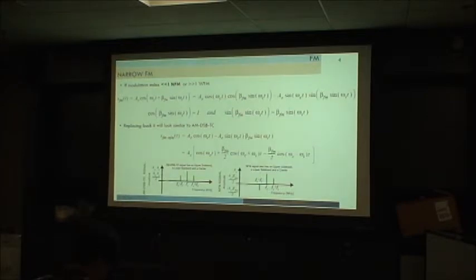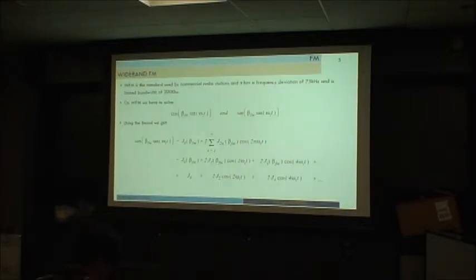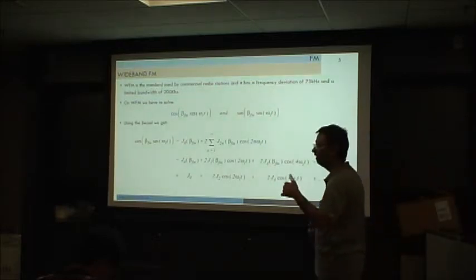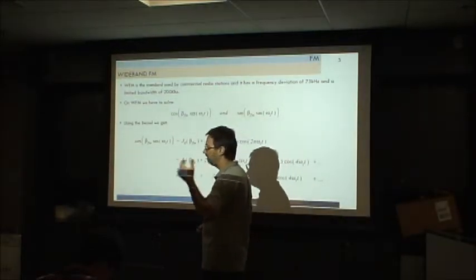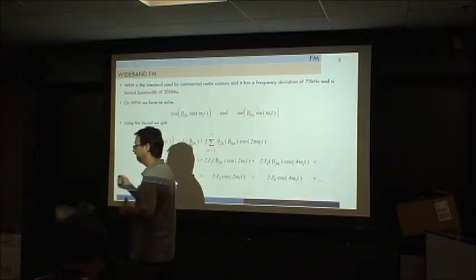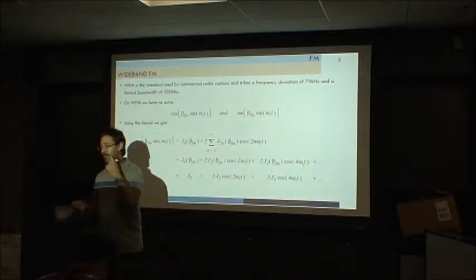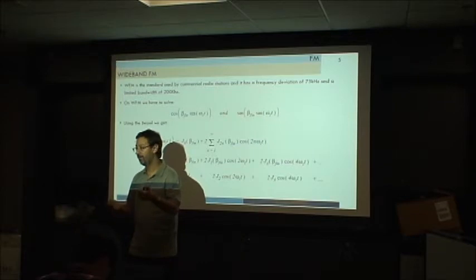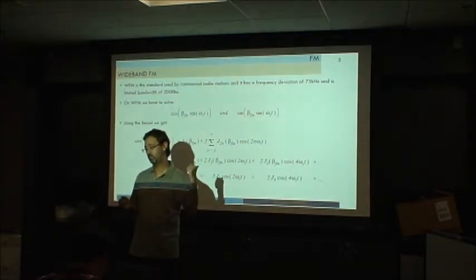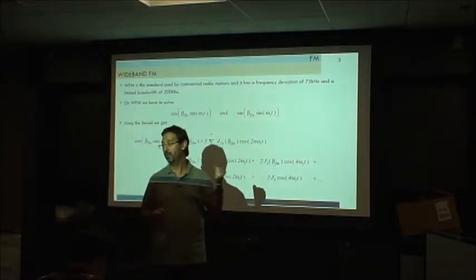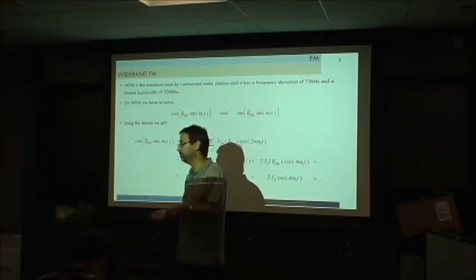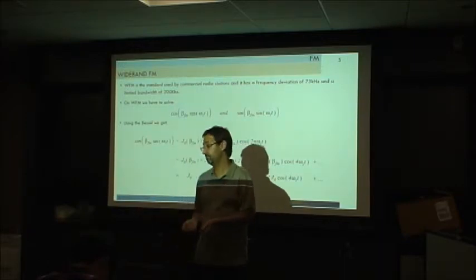So narrowband is usually used on this kind of, let's say, remote controllers, walkie-talkies, whatever is on the ISM band, that is simple stuff, on-off, or things like that. Well, you will have some narrowband FM because it's really simple to implement. Okay, and it's really cheap.